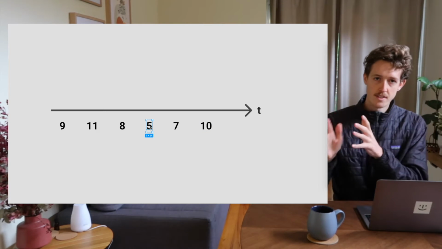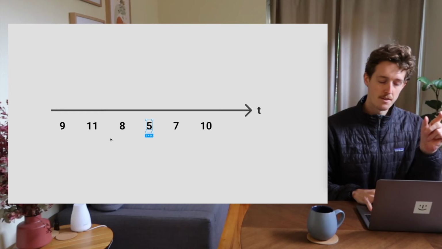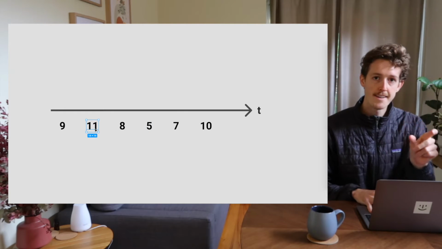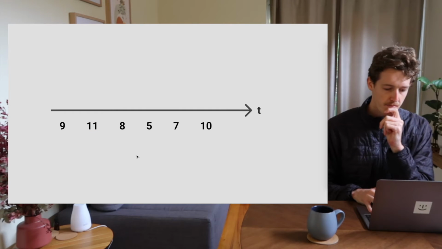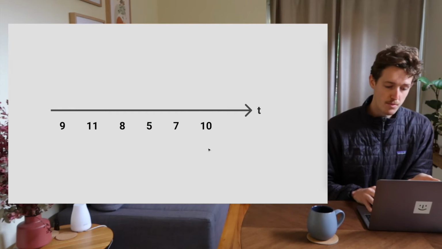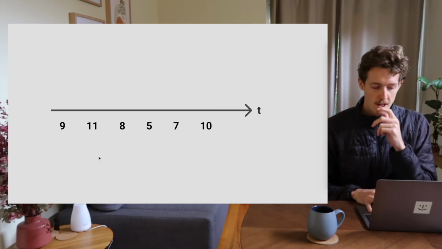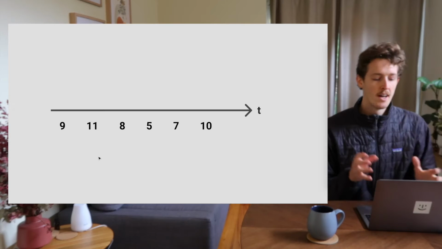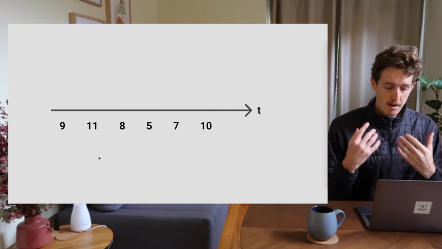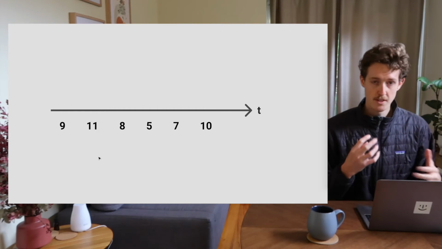You've got to buy first and then sell. And interestingly, 5 was the lowest price of all these prices, but I'm going to think that's not necessarily always the case.